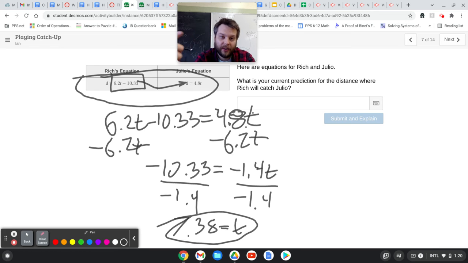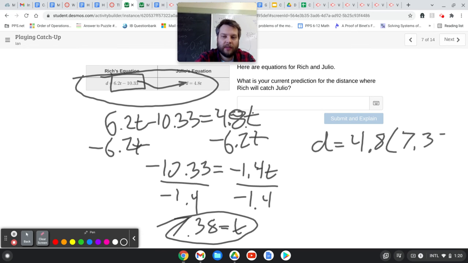But how far are they? That's where you substitute it back in to either one of your equations. So I'll substitute it in, 4.8 times 7.38. And I get the distance is approximately 35.4.